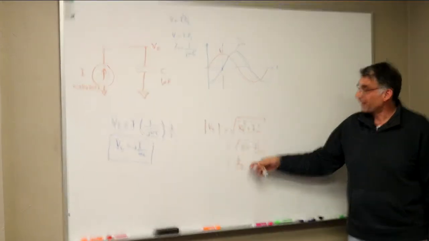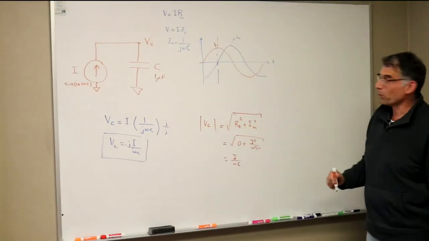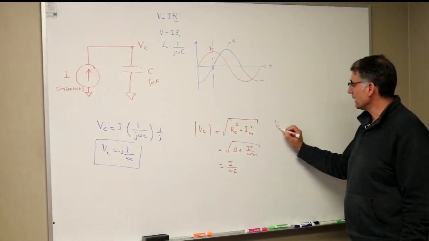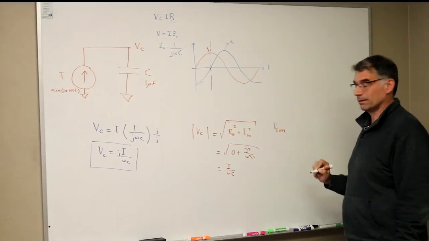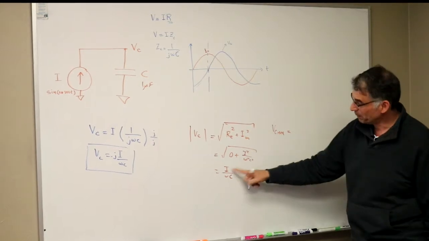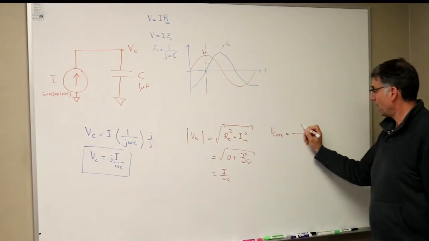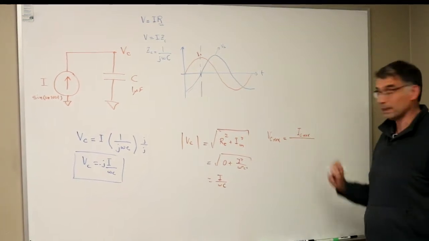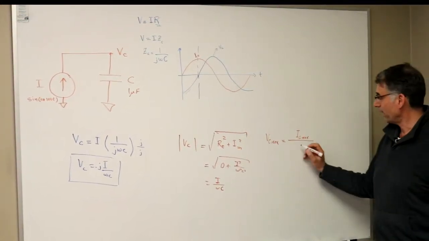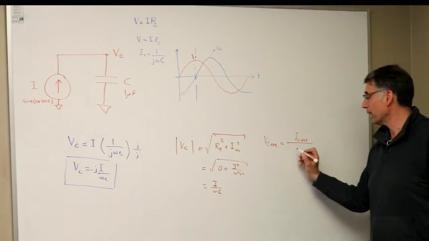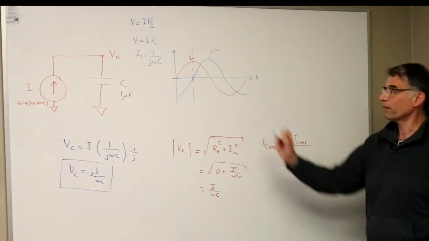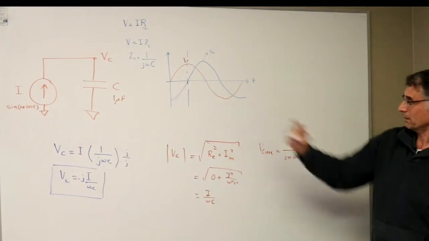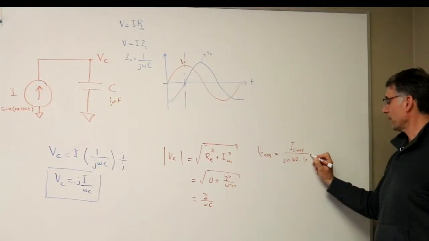So if I want to find the maximum voltage across the capacitor, VC max, wouldn't it make sense that it's the maximum current divided by omega, which is 2 pi f, frequency being 100, times the capacitance, which is 1 microfarad?